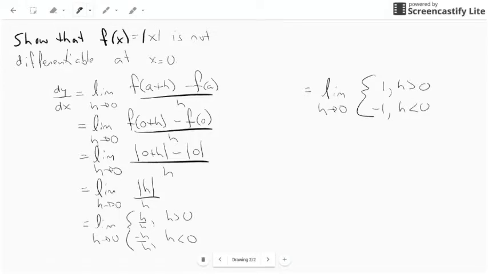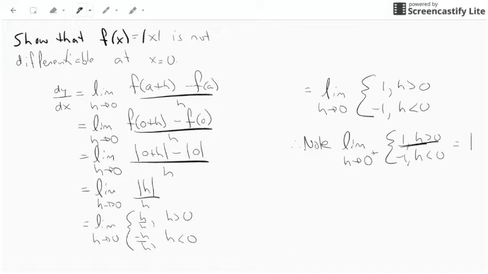Now, for a limit to exist, I should be able to approach it from both directions and get the same result. But in this case, note that if you take the limit as h approaches 0 from the right, in this function of 1 where h is greater than 0 and negative 1 where h is less than 0, this is going to end up being positive 1, because when I approach from the positive side, that's the domain that applies.